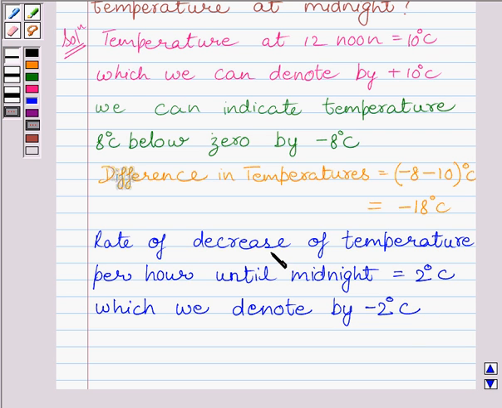As it is decreasing, so we can denote it by minus 2 degrees Celsius per hour.